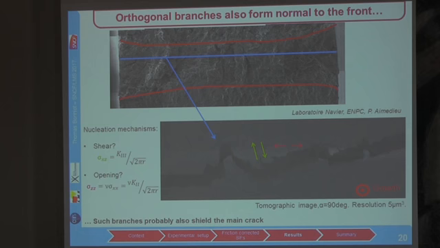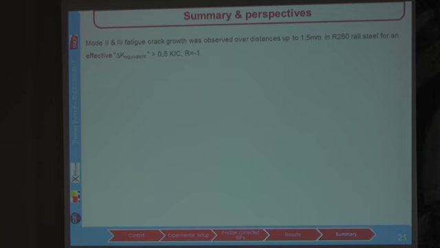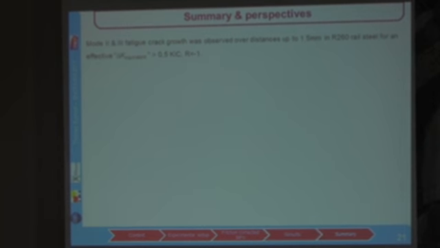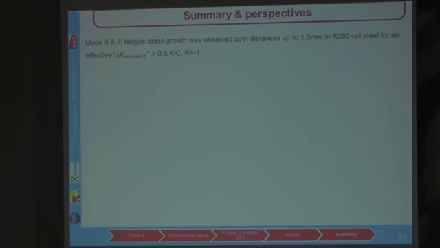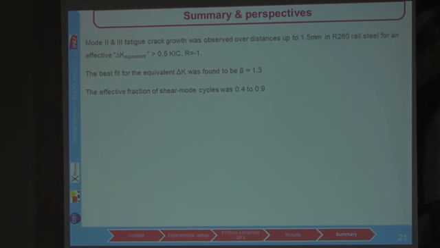And so, to conclude, mode 2 and mode 3 fatigue crack growth was observed to distances up to 1.5 millimeters in R260 steel for an effective delta K equivalent over 0.5 K1C. The best fit for the equivalent delta K was found to be beta equal 1.3, which is consistent with the literature. And the effective fraction of the shear-mode cycles was between 0.4 and 0.9.